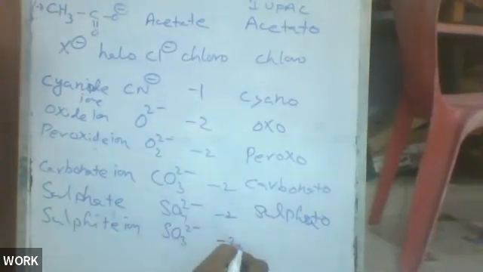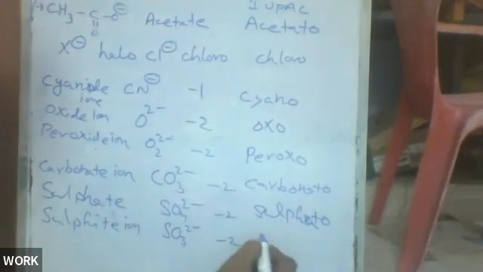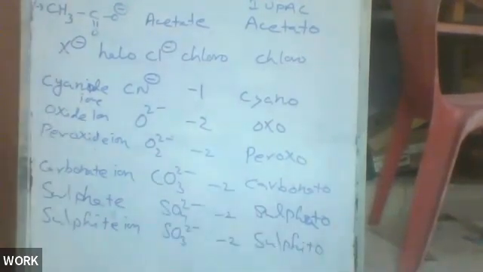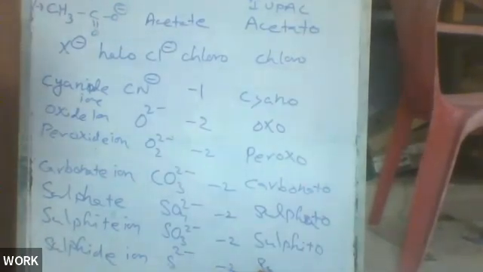That is also 2 minus, and the name is sulfito. Then sulfide ion, 2 minus, sulfido.